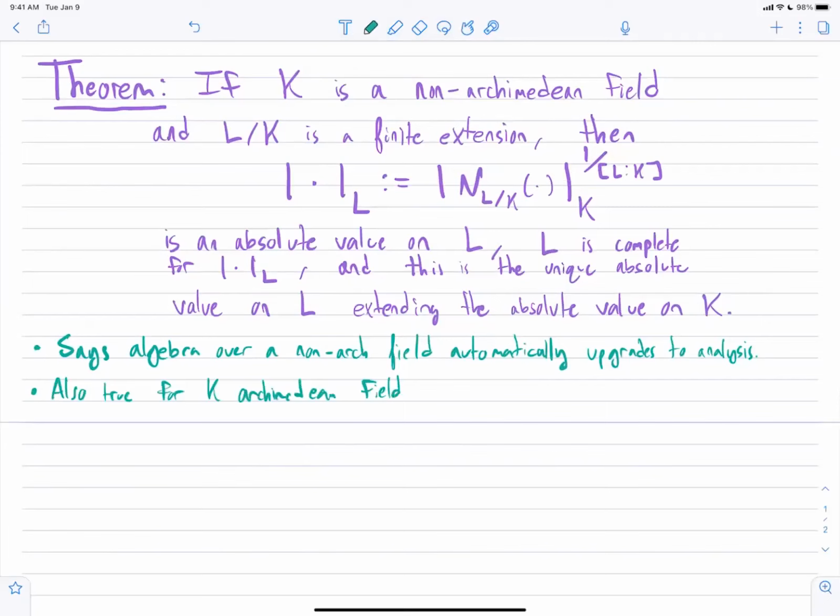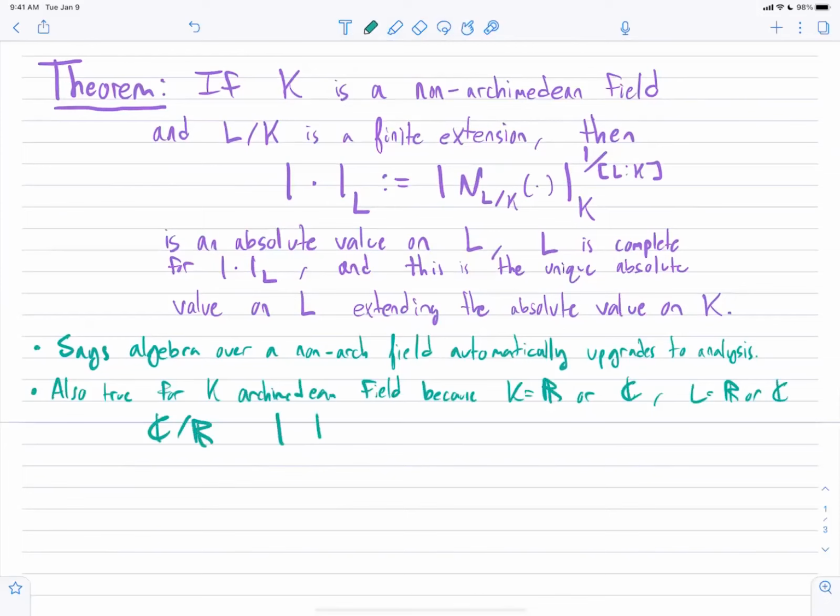But it's easy because you can just write that down by hand, because we've seen, if you did the exercise last week, that the only Archimedean fields are the real numbers or the complex numbers. Archimedean field means complete for an Archimedean absolute value. So then L is also R or C. And the only non-trivial extension is C over R.